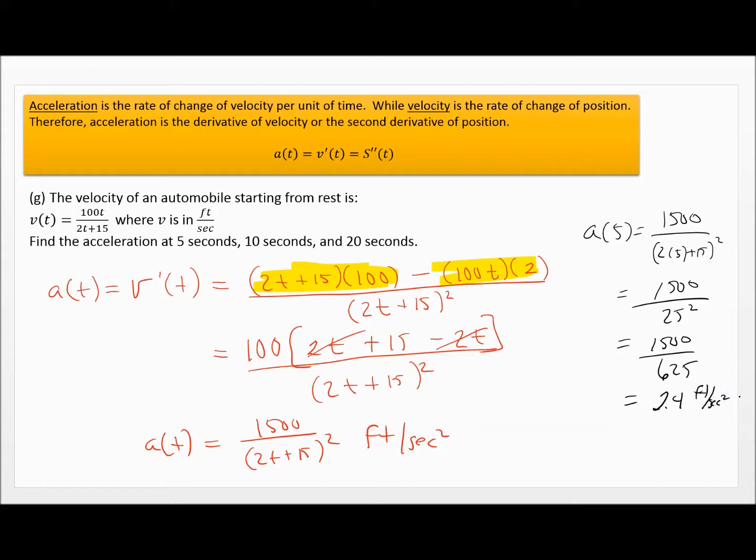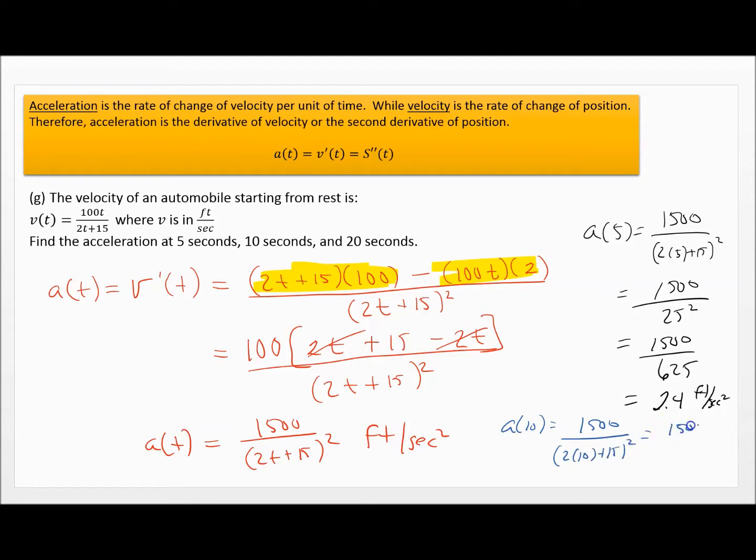Now, I've also got where you need to do this for 10 seconds and 20 seconds. We could do that real quick. I'm kind of running out of space, and I know you're totally capable of doing this, but it would be nice to think about our answers. So the acceleration at 10 seconds, that would be 1,500 over 2 times 10 plus 15 squared.